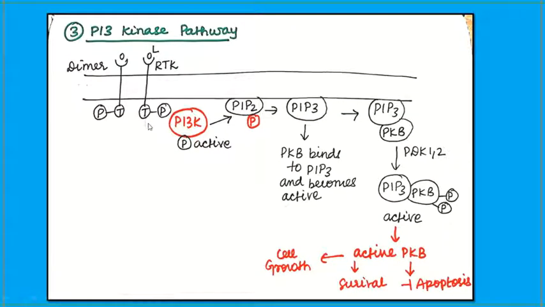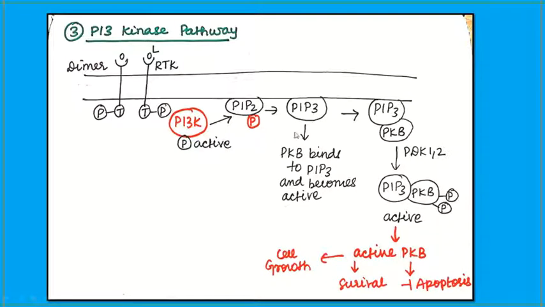Now the activated receptor will phosphorylate PI3 kinase. PI3 kinase will catalyze the conversion of PIP2 to PIP3. Since it's a kinase, it will phosphorylate: when a phosphate group is added to PIP2, it is converted to PIP3.